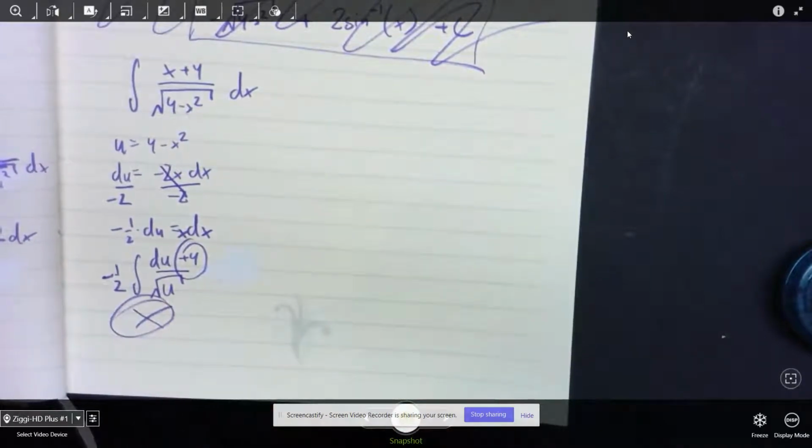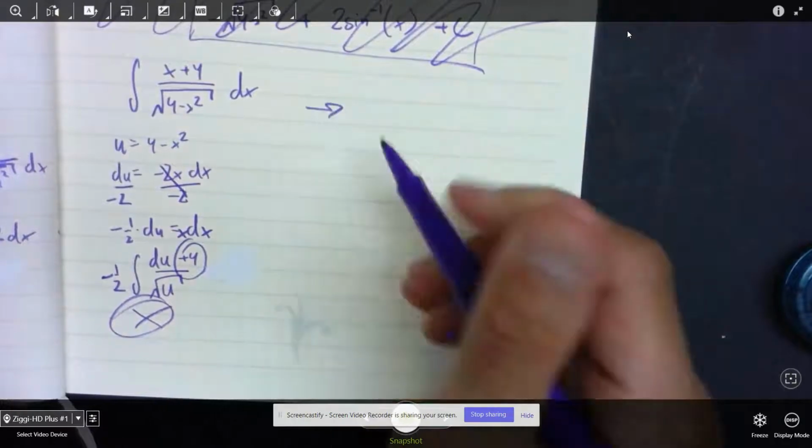So then our next logical step would be to go to an inverse trig function.